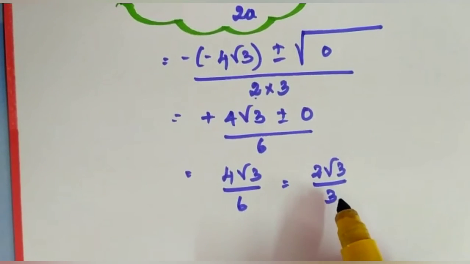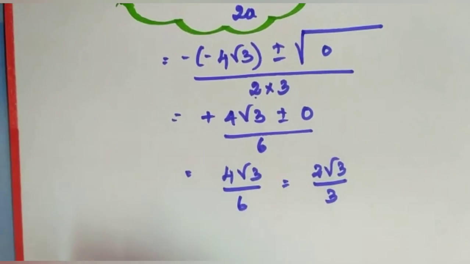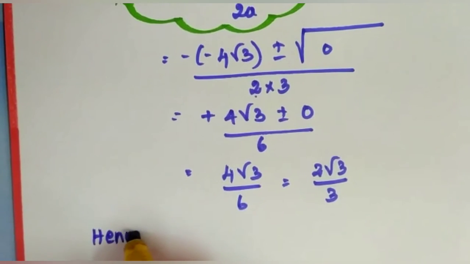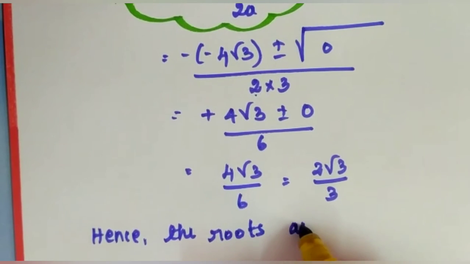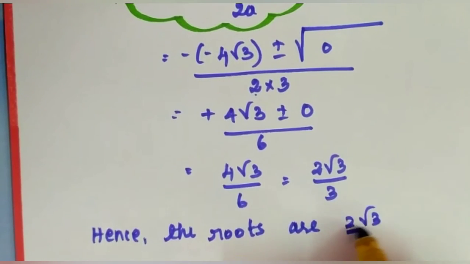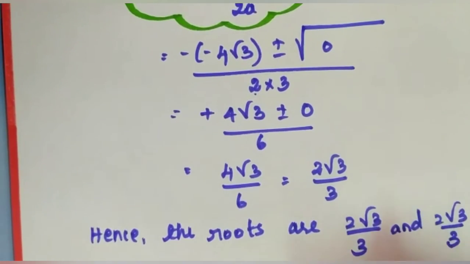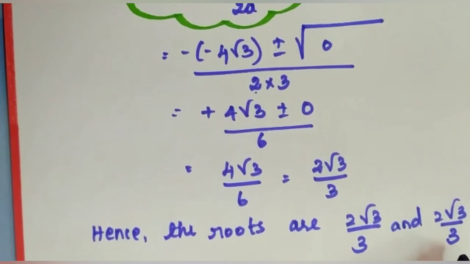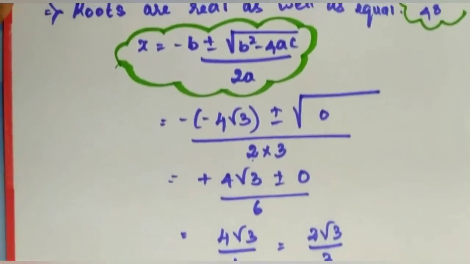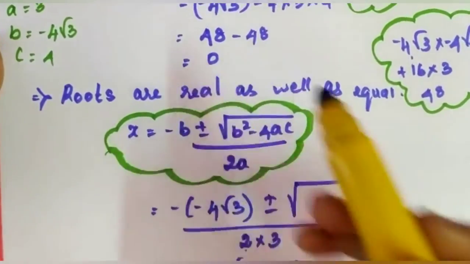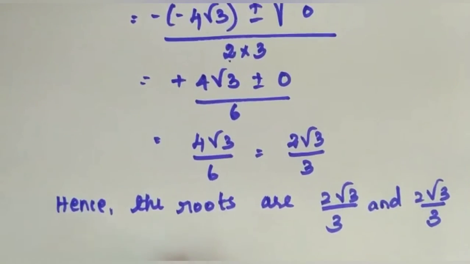Not like that, we can write this two times. Hence the roots are 2 root 3 divided by 3 and 2 root 3 divided by 3, the two real as well as equal roots. If the discriminant is 0, we will get real and equal roots. Clear?